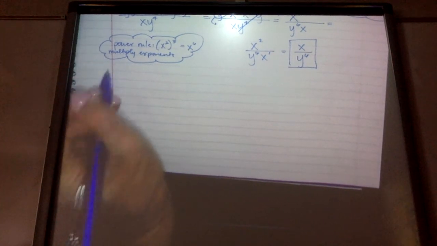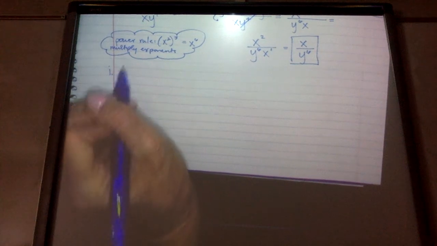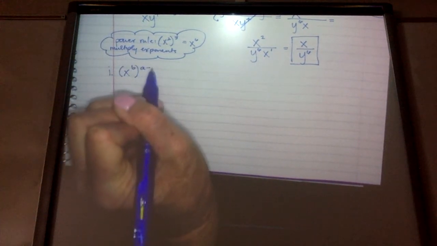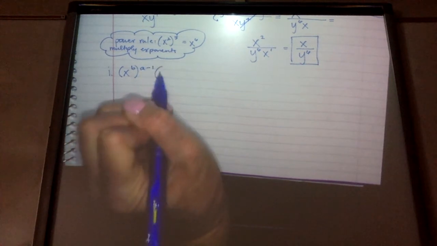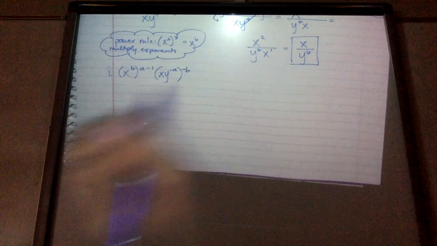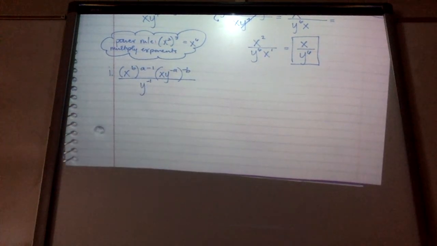So next one, I. We have, oh, awesome, we have letters. So x to the b power to the a minus 1, parentheses x, y to the negative a, to the negative b, over y to the negative 1st. That helps. Okay, remember, we are multiplying our exponents.